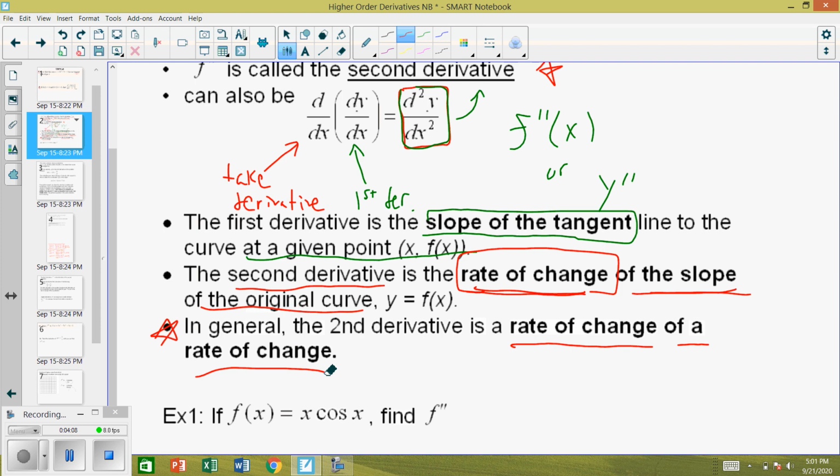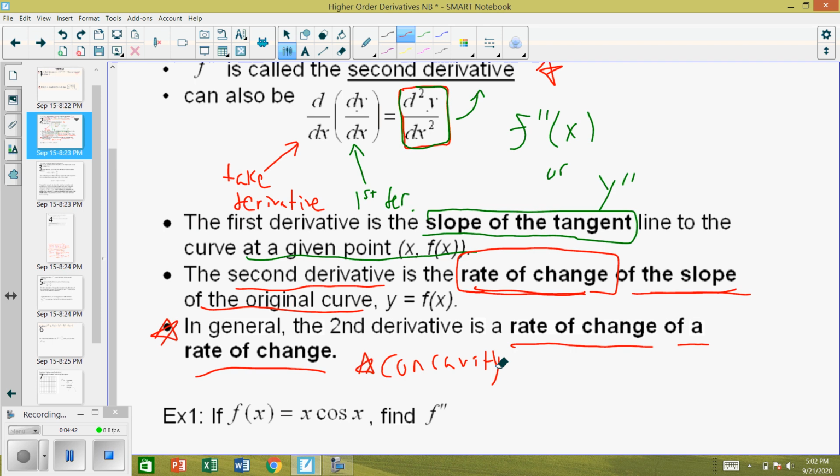You have seen this before, and you probably didn't realize it, but the rate at which a rate is changing is nothing more than discussing concavity: concave up, concave down, being able to discuss the rate at which my slope is changing. We'll look at a lot of graphs of that later on, and what that means in the context of velocity and position.